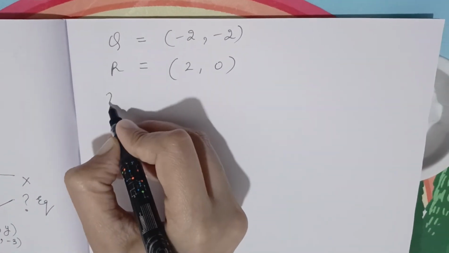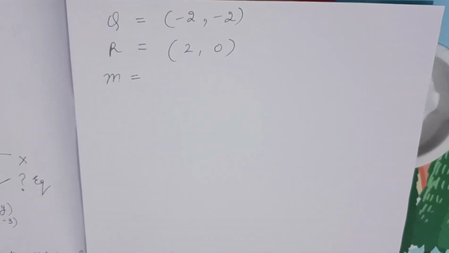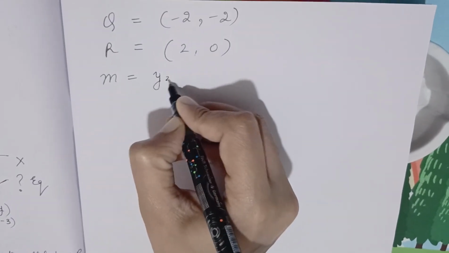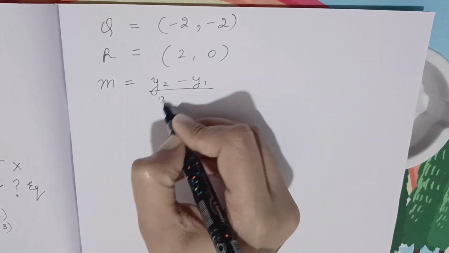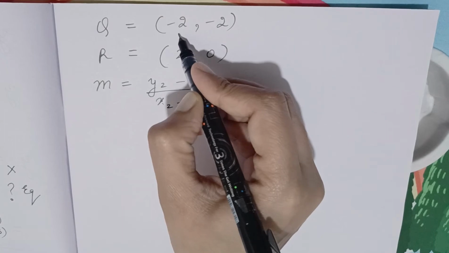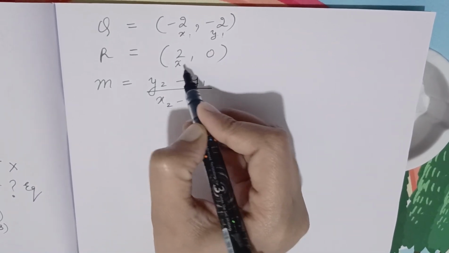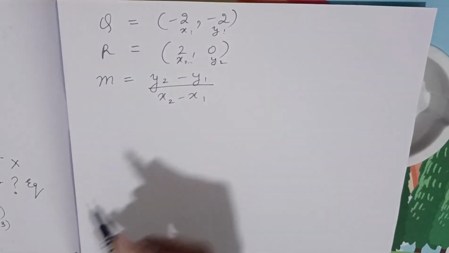So we will find the slope of line QR. The slope formula when coordinates are given is y2 minus y1 upon x2 minus x1. You can take any point as x1 y1 and the other as x2 y2.